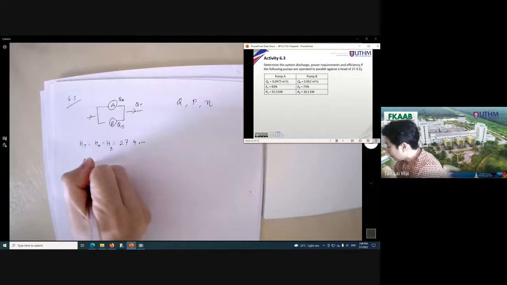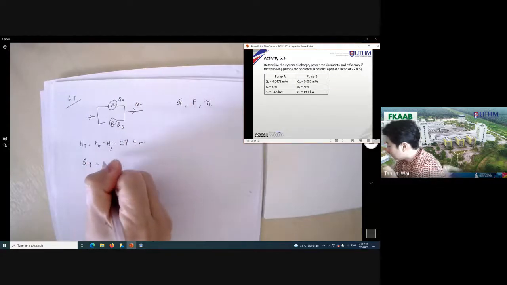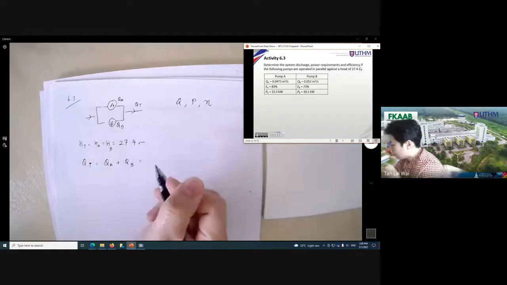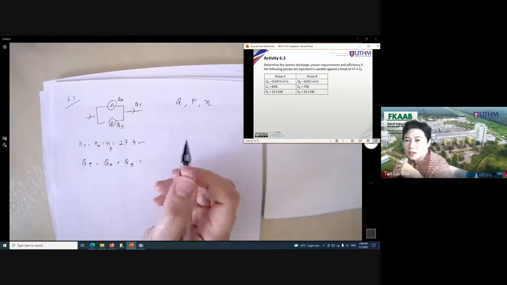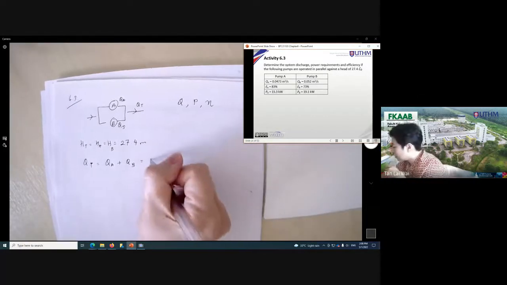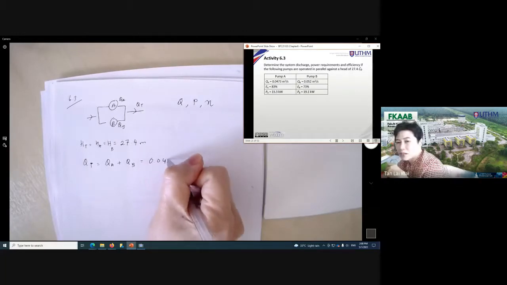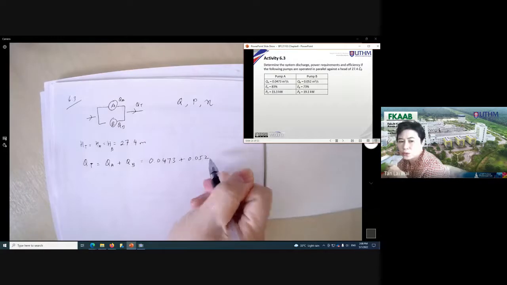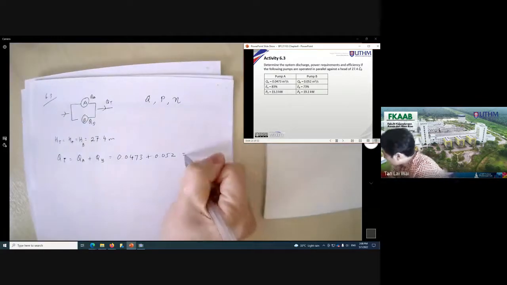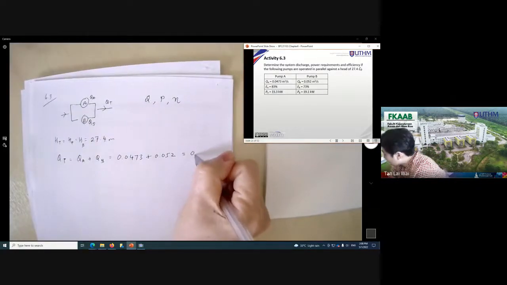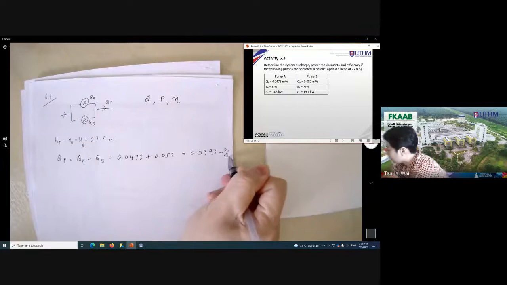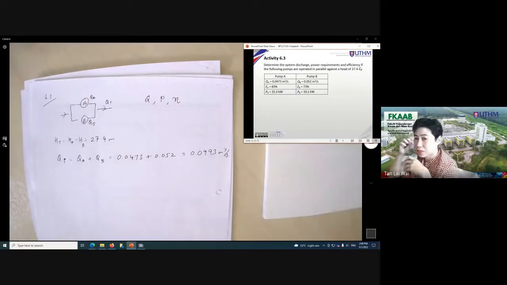Q total is QA plus QB, which, if you look here, QA is given as 0.0473 plus 0.052. That would give us 0.0993 meter cube per second. You add them up together.